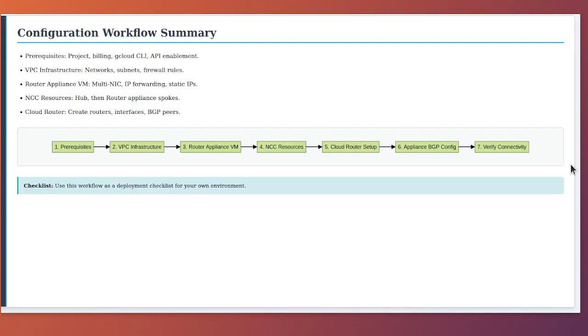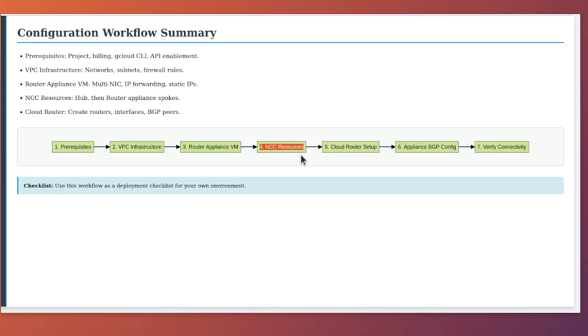Next, you create the VPC infrastructure: VPC networks with global dynamic routing mode, subnets in the appropriate regions, and firewall rules allowing BGP traffic on TCP port 179. Then, you create the Router Appliance virtual machine with multiple network interfaces, IP forwarding enabled, static IP addresses, and premium network tier. You install your chosen network virtual appliance image.